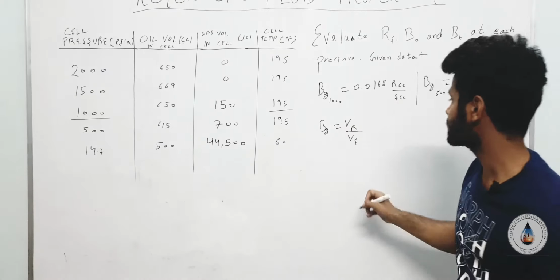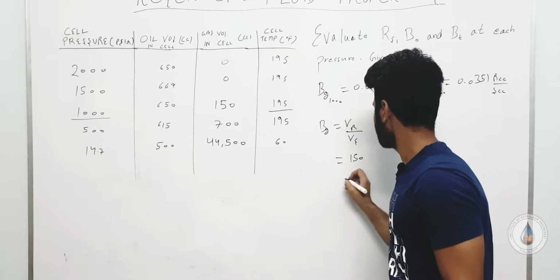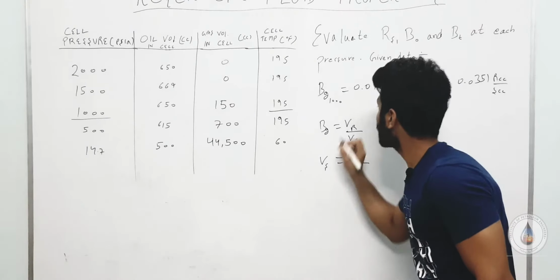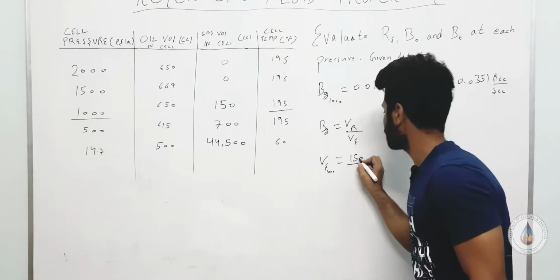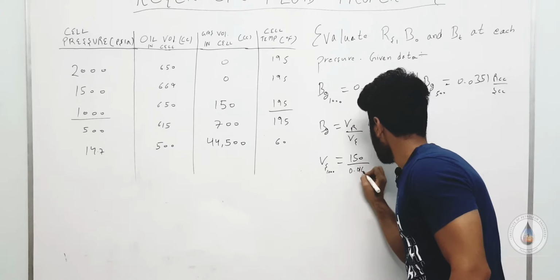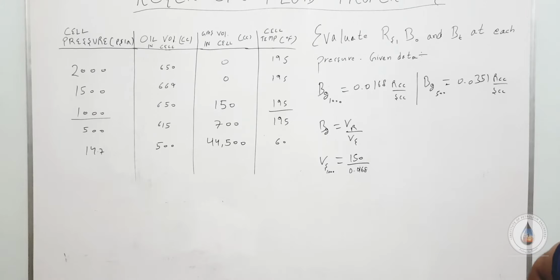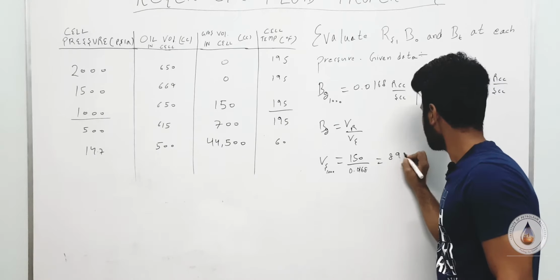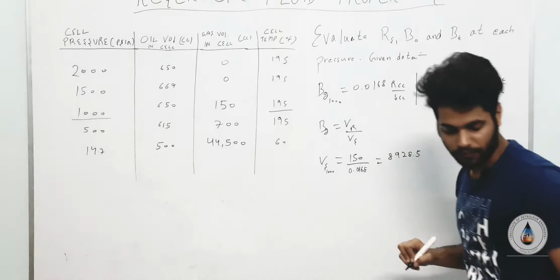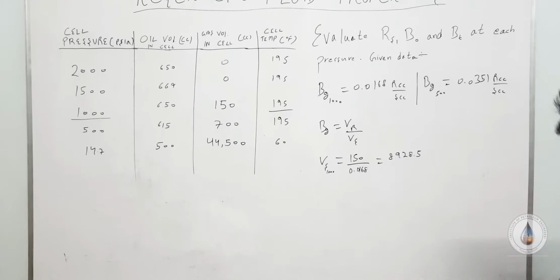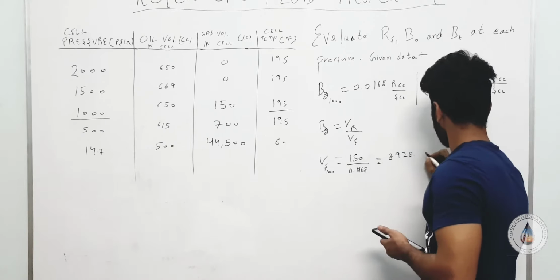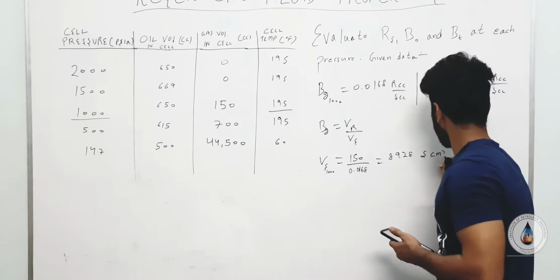Volume at reservoir condition is given to be 150 cc, and volume of surface condition, if I take it here and divide by Bg at 1000 psia, divided by 0.0168, I'll get a value of 8928.5 surface centimeter cube.